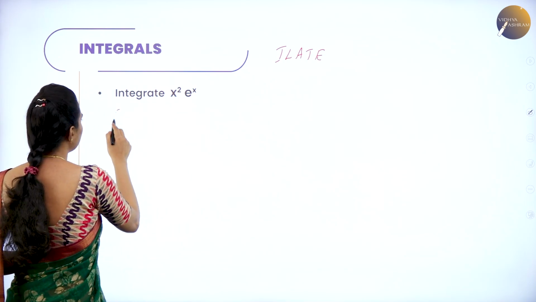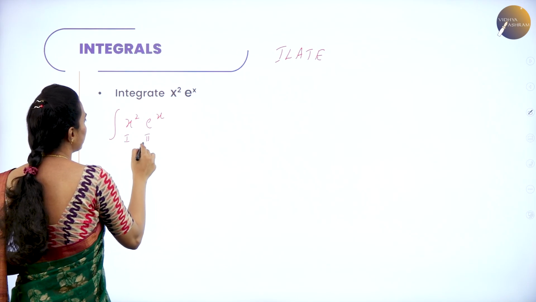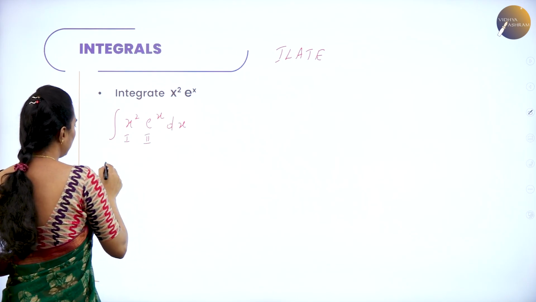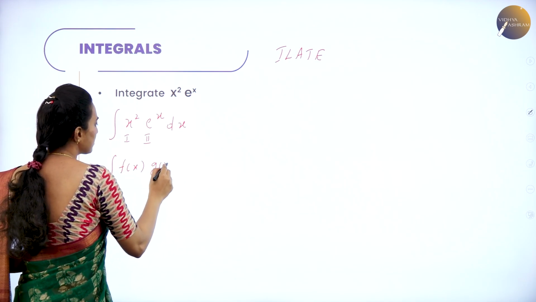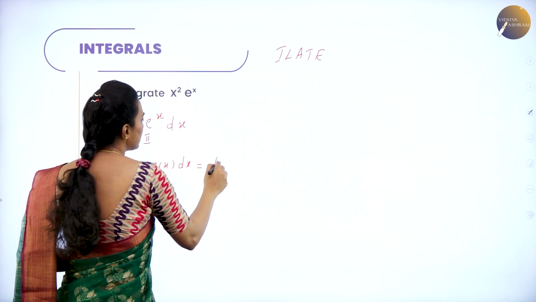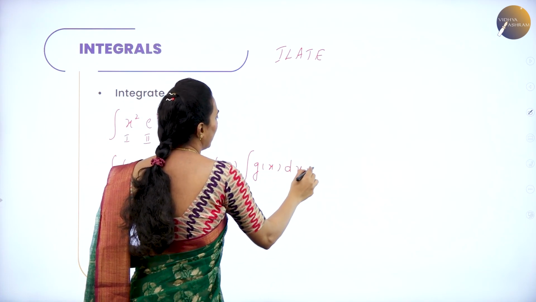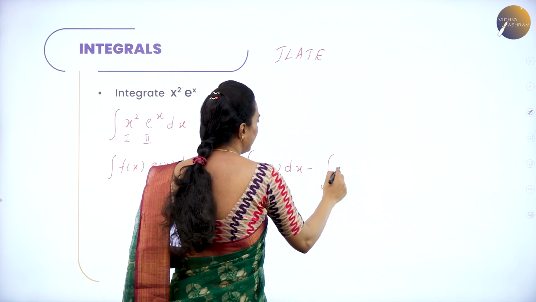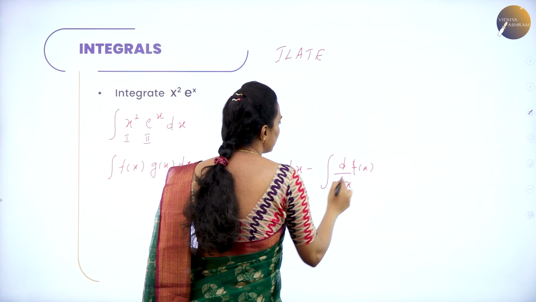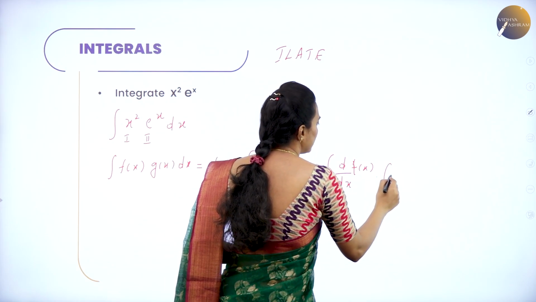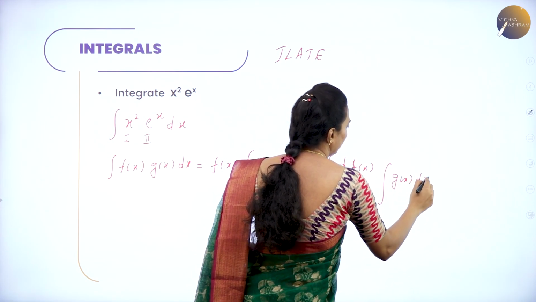So therefore let me write this symbolically: x squared into e power x, this is the first function, second function, into dx. So let me write down the formula: integral of f of x into g of x into dx implies first function into integral of second function minus integral of d by dx of first function, that is f of x, into integral of second function, that is g of x, into dx.